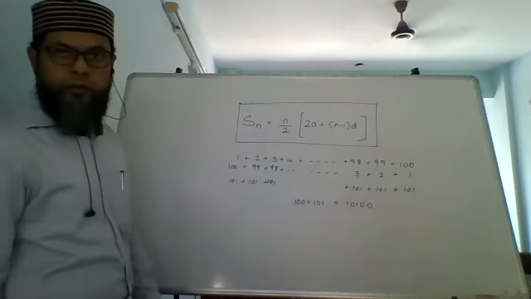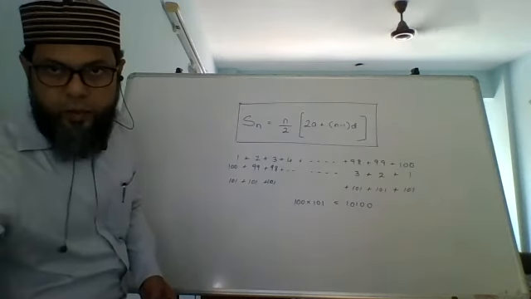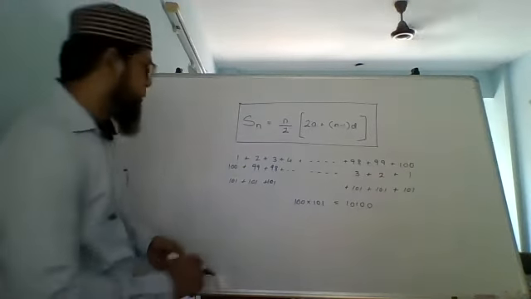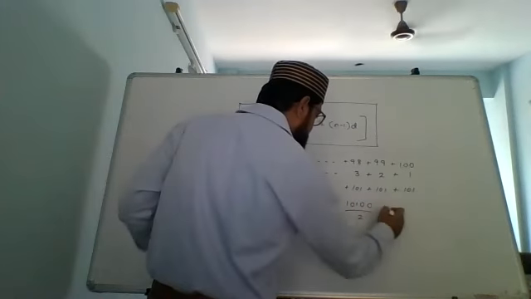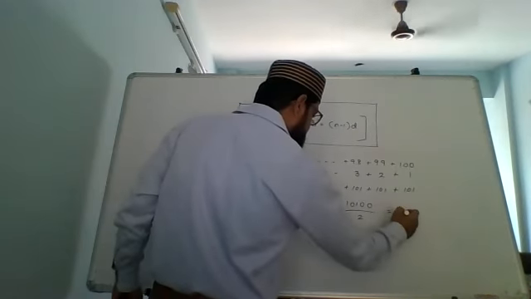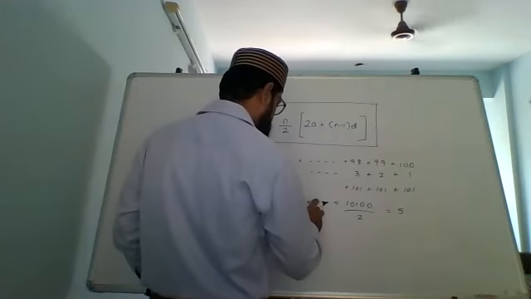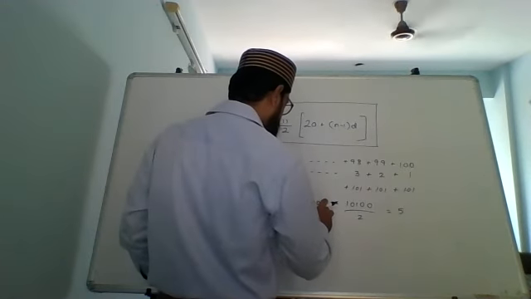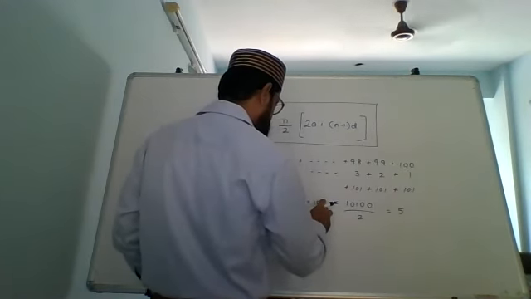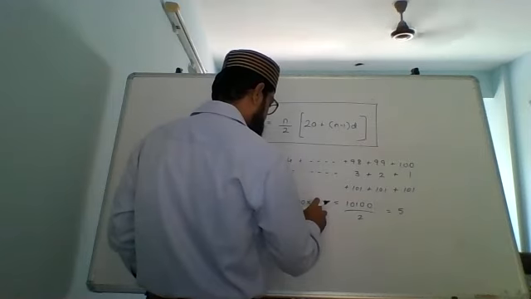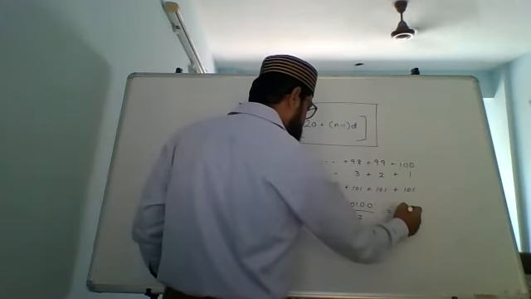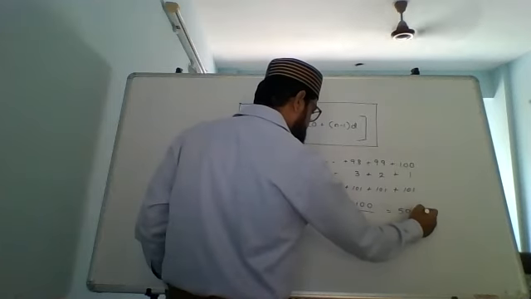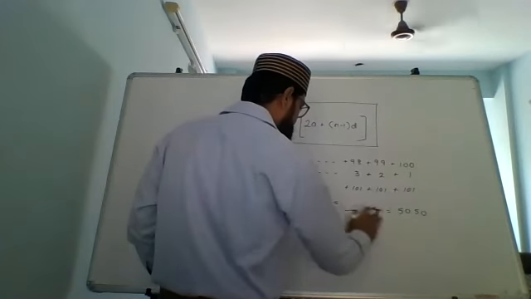This is what he got. But since he was adding it twice, he divided it by 2. So what did he get?